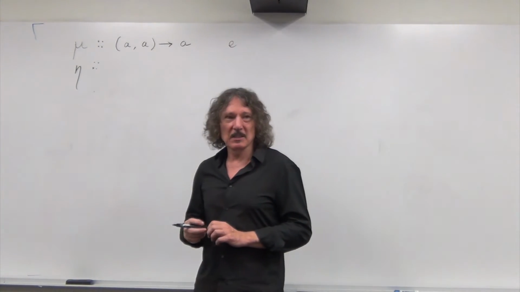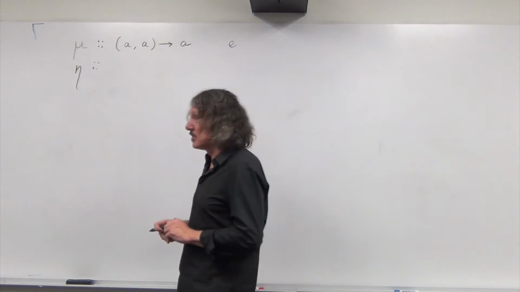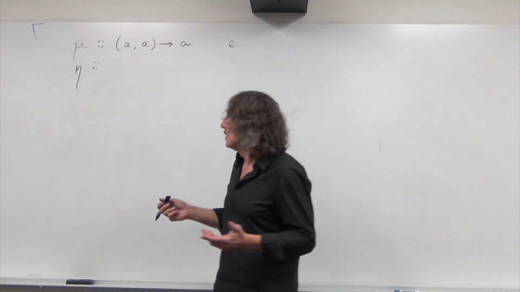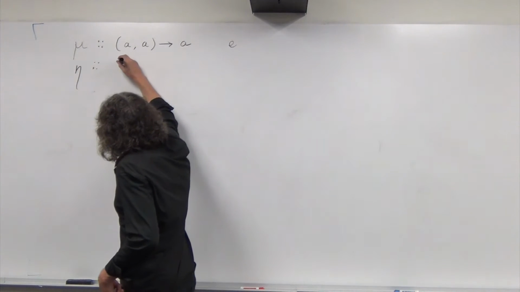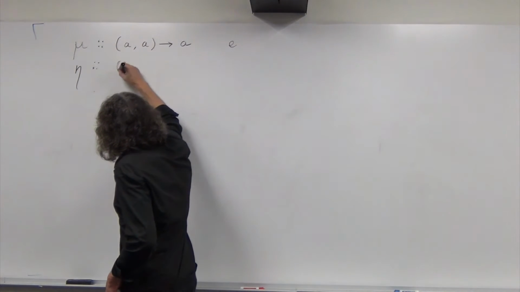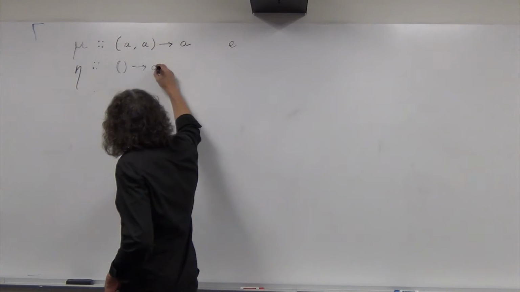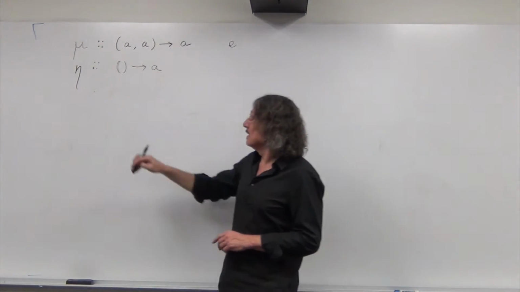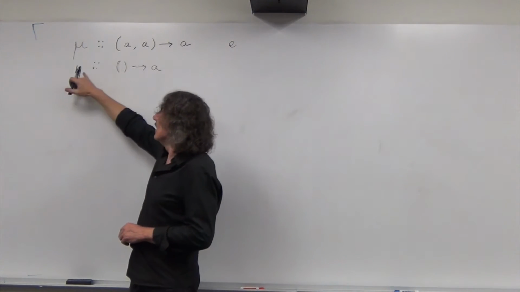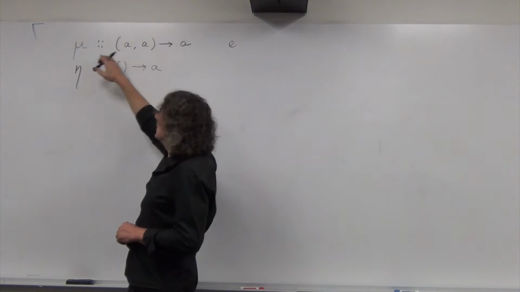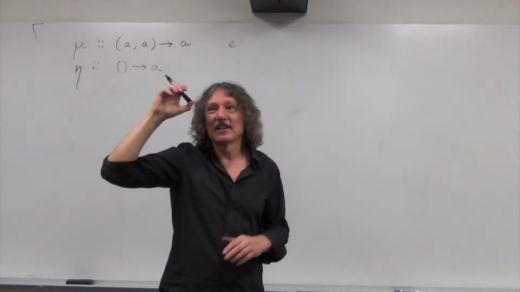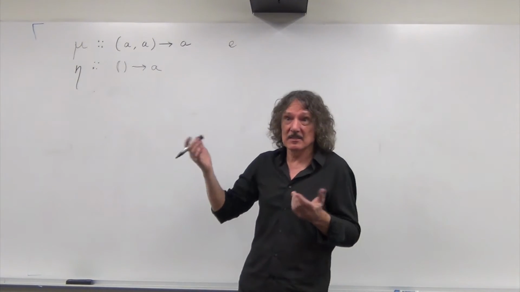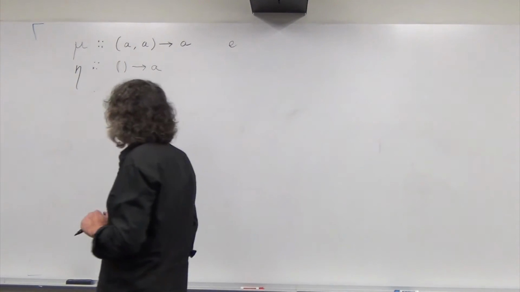We know that an element of a set can be replaced by a function from a singleton set, so I'll write the singleton set as the empty tuple, to A. So instead of using the identity element, I'll use this morphism eta. And multiplication will be this other morphism. I call it a function, but functions can be generalized into morphisms, right?